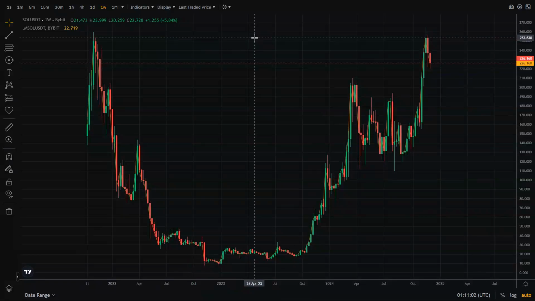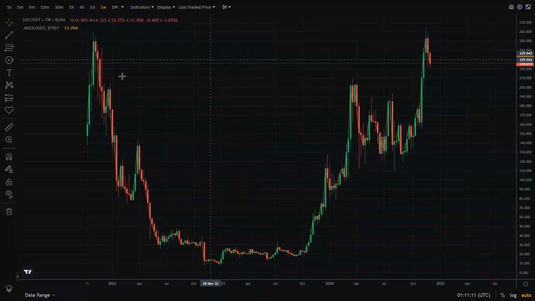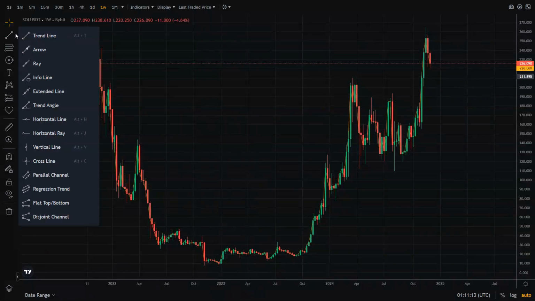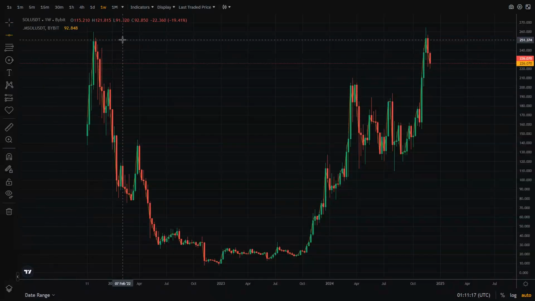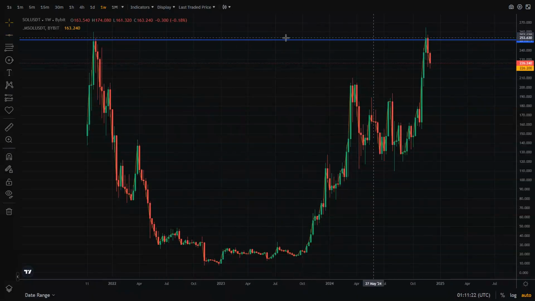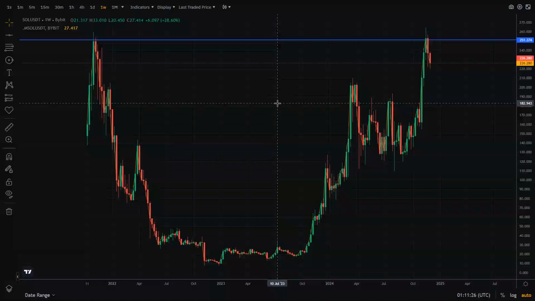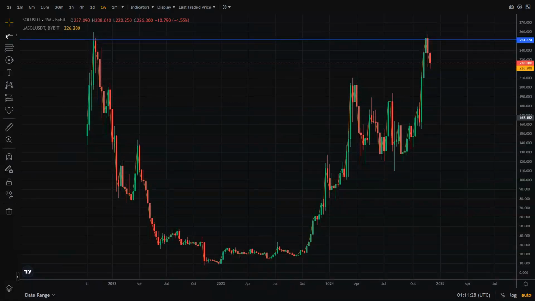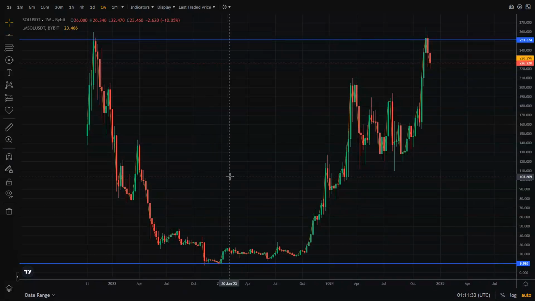Remember, we are dealing with high quality support and resistance, and one of the qualities is to recognize the swing high and the swing low. You pick a horizontal line and place it on the highest point. We have it here for the weekly time frame. And for the swing low, you drop it around this level. This is your swing low.